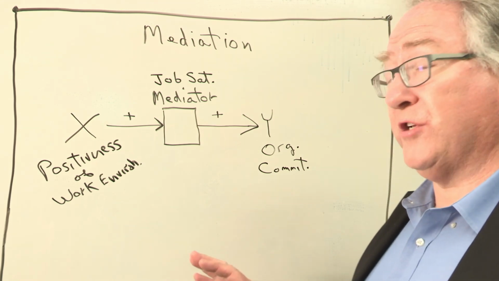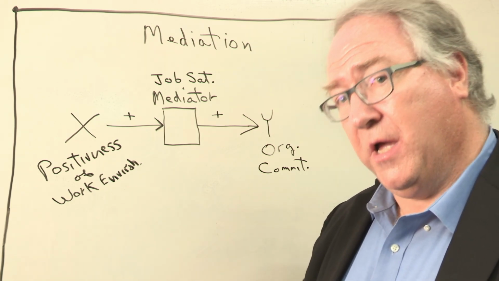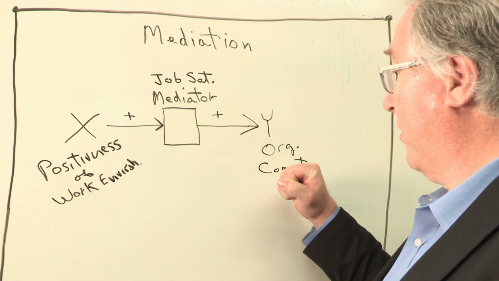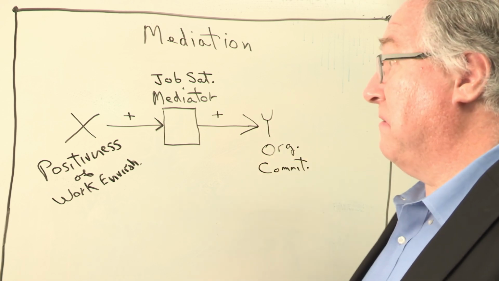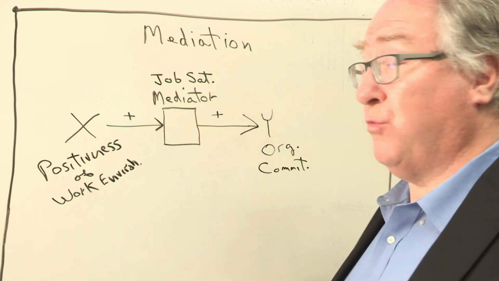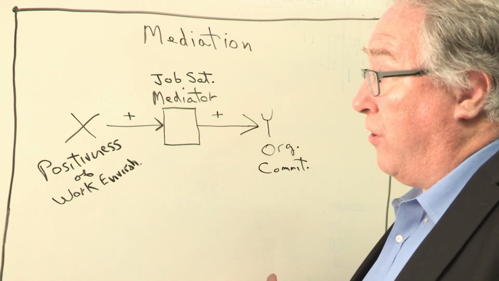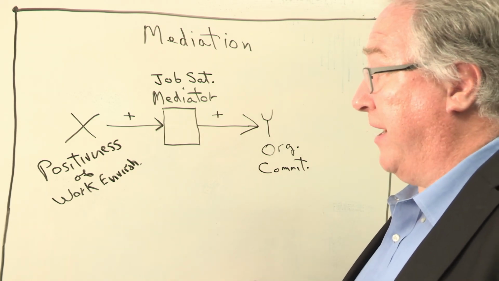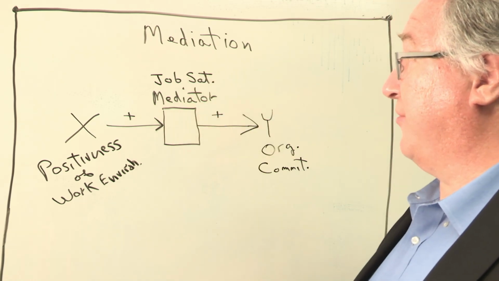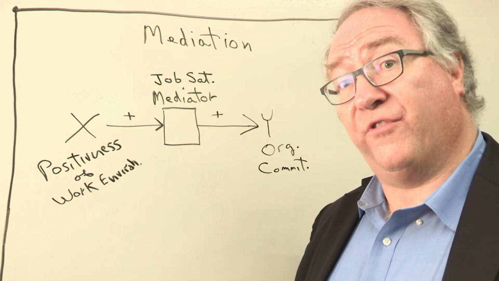So this is a question of what is the process or the mechanism of the effect of positiveness of work environment on organizational commitment. Does it appear to occur directly, in which case the test of the indirect effect would not be significant, or does it appear to occur indirectly through the mediator, in this example job satisfaction, which would be a significant test of mediation or of the indirect effect?